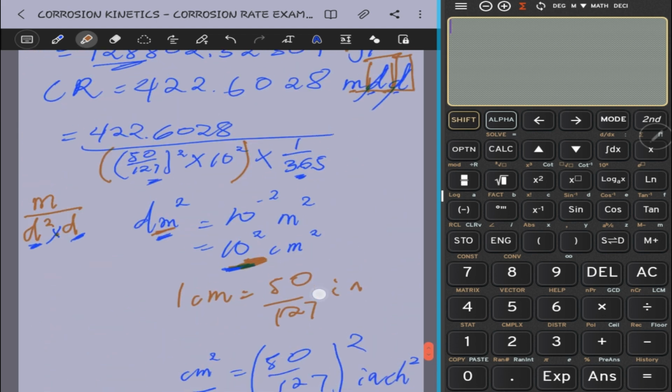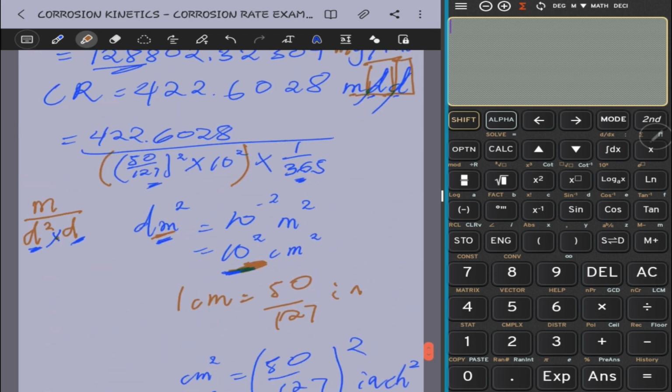Let's redo this again, right? So we have 422.6028, and then we have this times 10, 5, and this can go up, and it becomes 365, right?